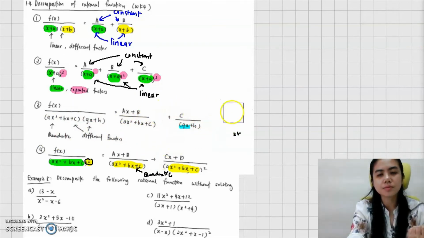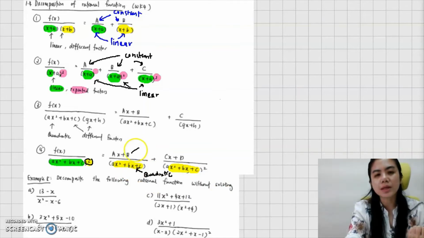Okay, so let's look at here. Since this one is a quadratic, the next thing you have to do is put the linear as the numerator. So that's why we have ax plus b. This one is ax squared, so it will always be 1 degree less than the denominator. And same thing, this one is also a quadratic.